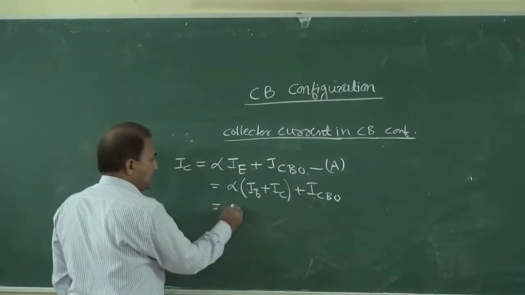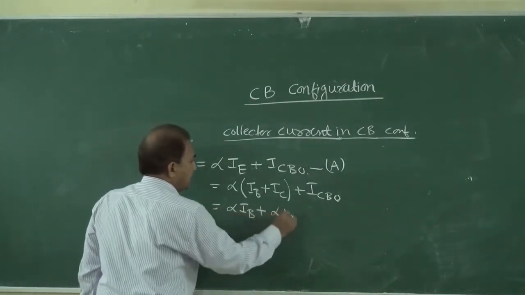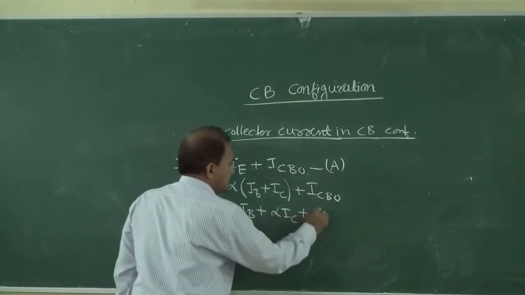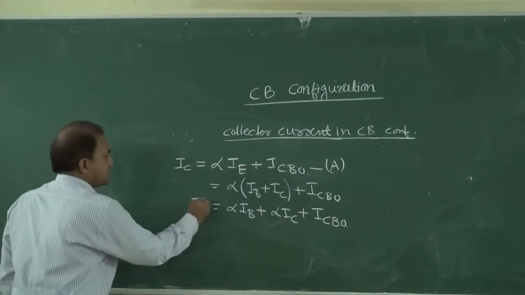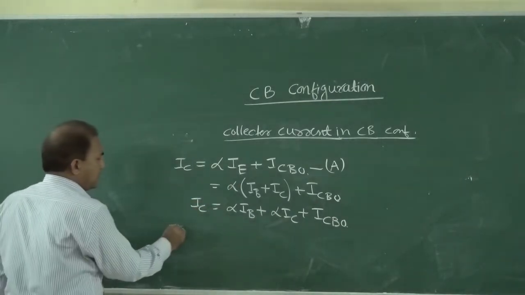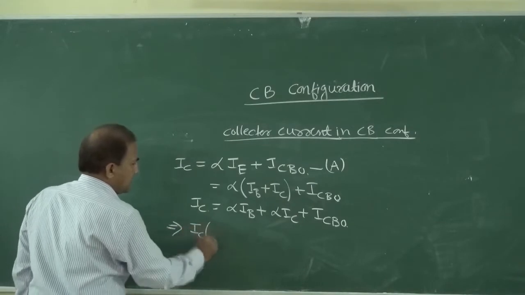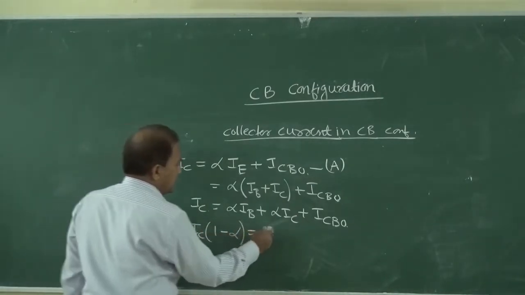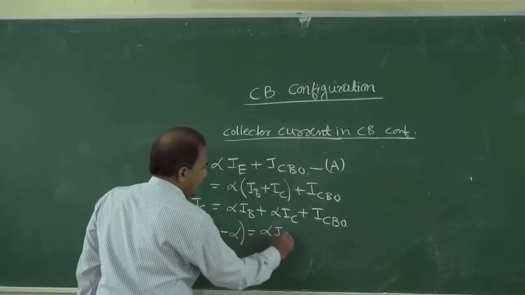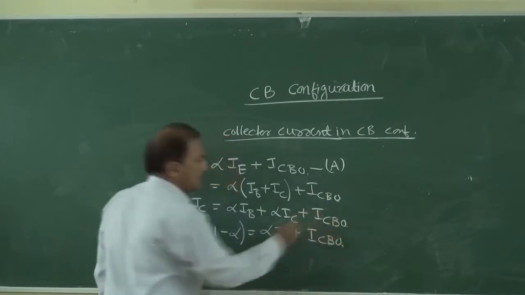Now it is equal to alpha IB plus alpha IC plus ICBO. Now we can write IC into (1 minus alpha) equal to alpha IB plus ICBO.